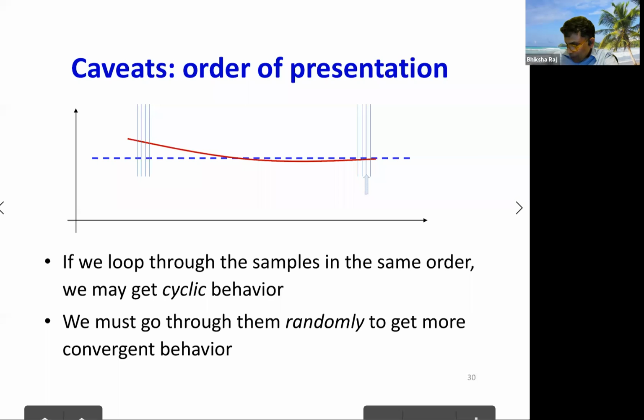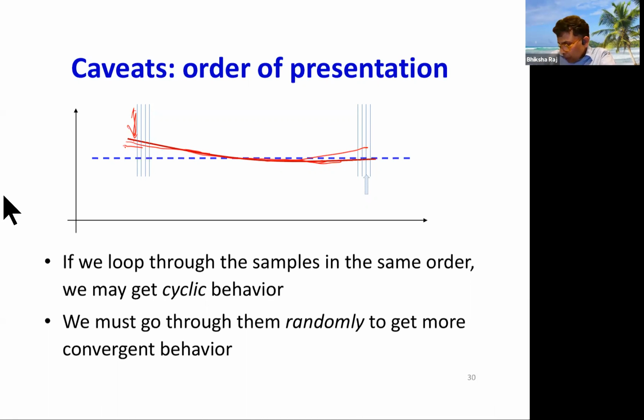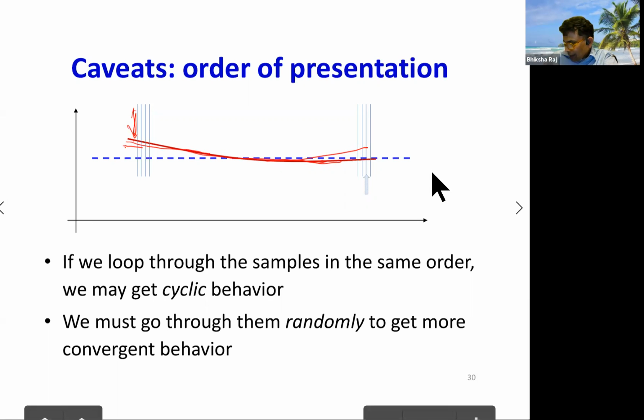Then randomly pick another point, and maybe adjust the function out here, which would make the model go down here and change the curve like so. So long as you keep bouncing around and randomly selecting the points on each side, we won't get cyclic behavior and the function will get updated properly.